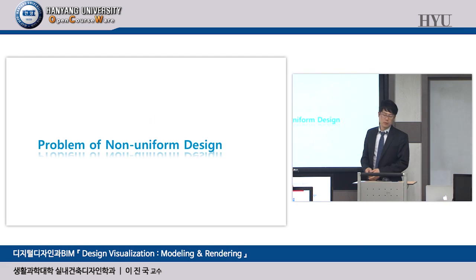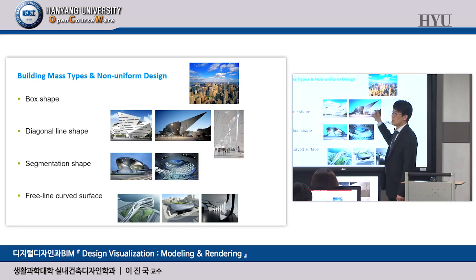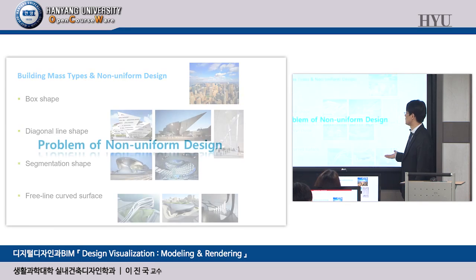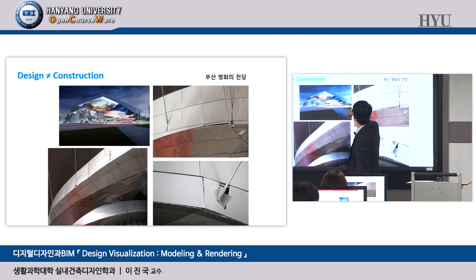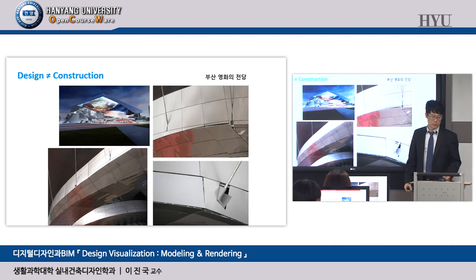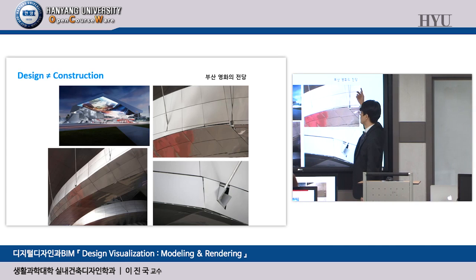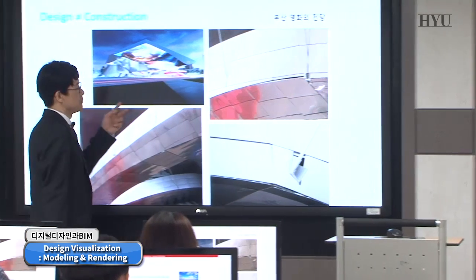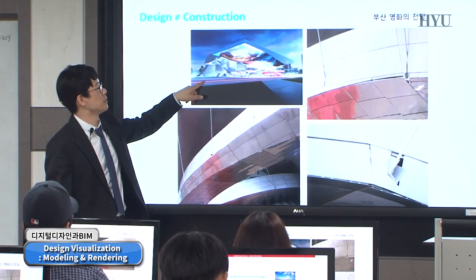What's the problem of non-uniform design? What's the problem of those designs? Design, of course, is not easy, but comparatively, real construction is also not easy, really challenging. Take a look at this design. I don't know how to call the building name in English, but anyway, Busan Cinema House or Busan Film Hall, whatever it is, take a look at this design picture, design rendering.